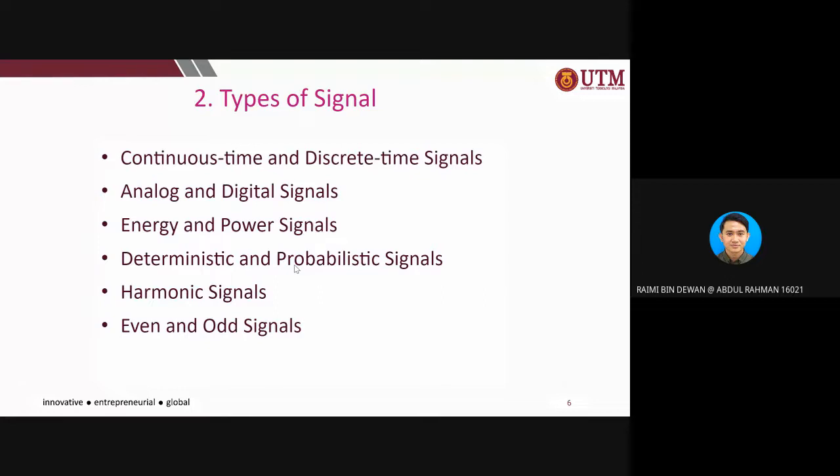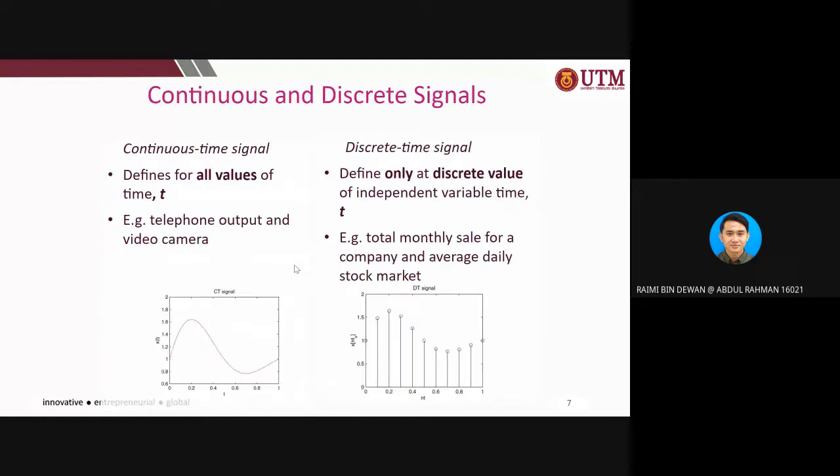Then we have even and odd signals, which you will learn later, meaning it is either symmetrical or non-symmetrical. Continuous time signals are defined for all values of time t. Continuous is very understandable from the word.